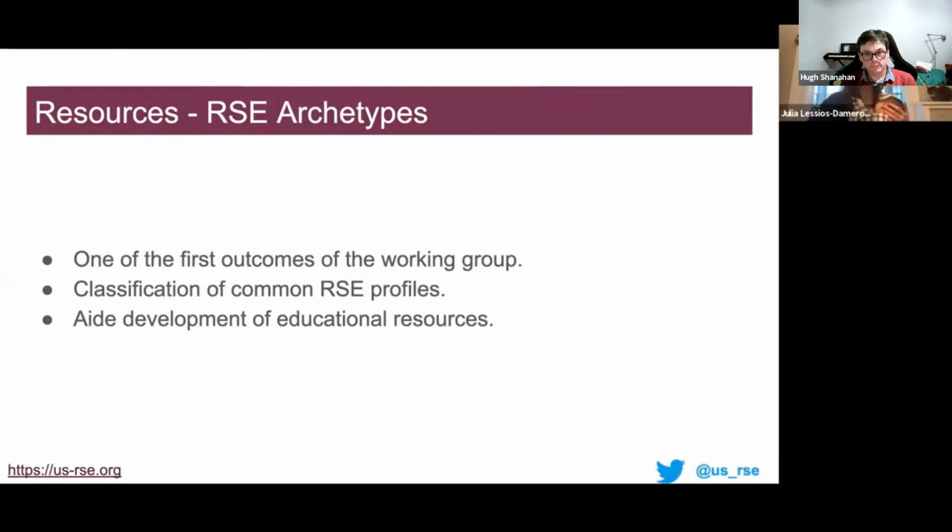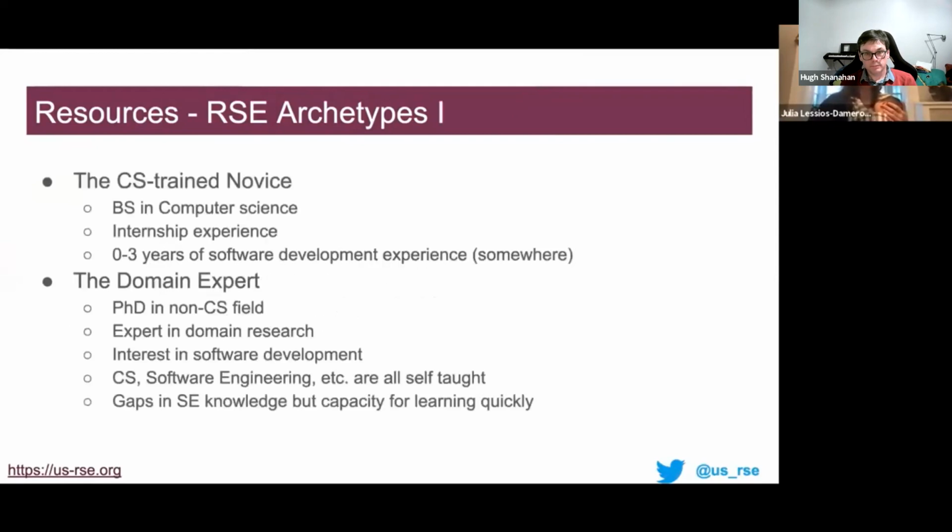These are not yet up on the website, but hopefully will be soon. I'll just very briefly go over them here. They range from someone who has an undergraduate degree in computer science and no research experience whatsoever, to domain experts who have only research experience in their field but no formal computer science training.